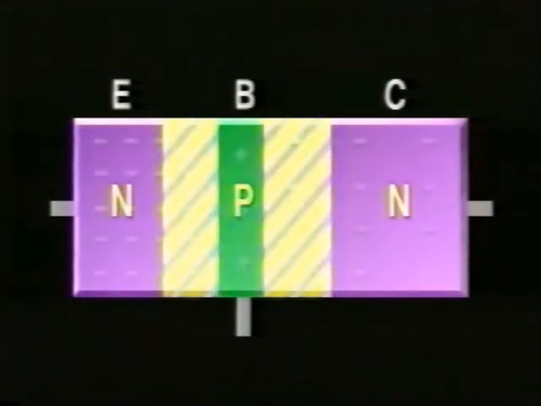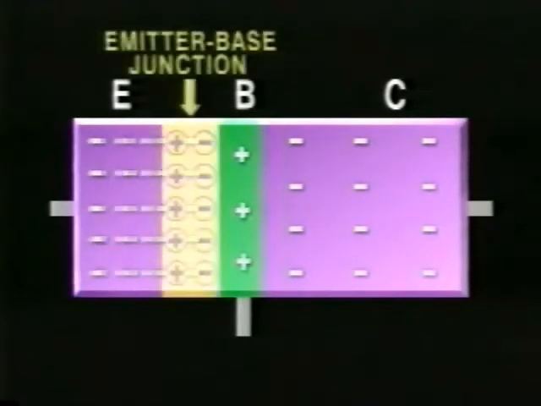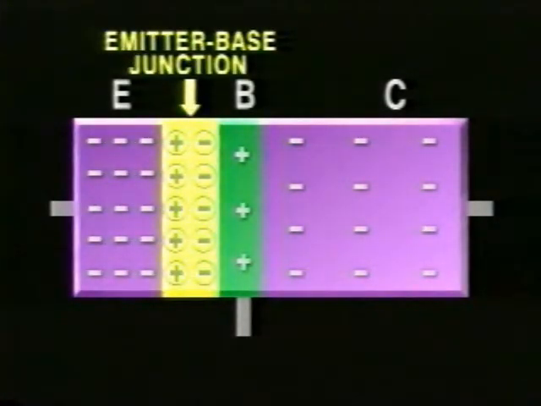Two depletion regions are created, which are devoid of any electric charges. Let's review how the depletion regions are formed. At the emitter-base junction, some of the electrons in the N material diffuse and recombine with holes in the P material of the base. This forms columns of ionized atoms.